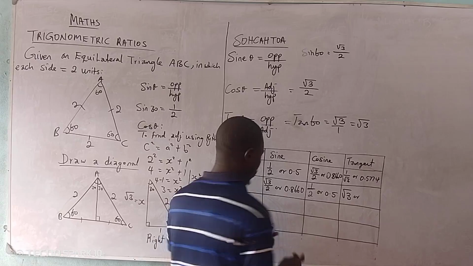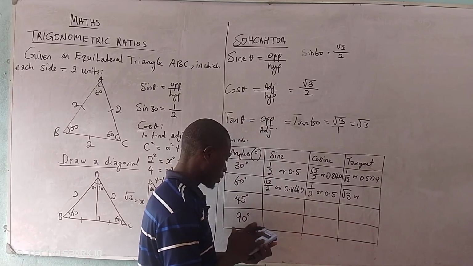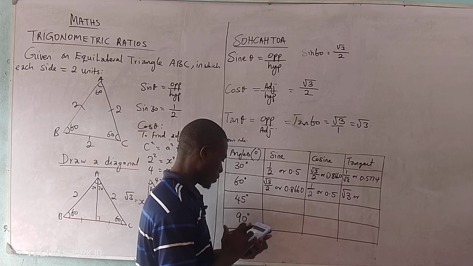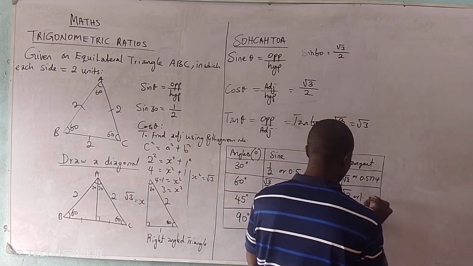Then in decimal, root 3 gives us 1.7320.